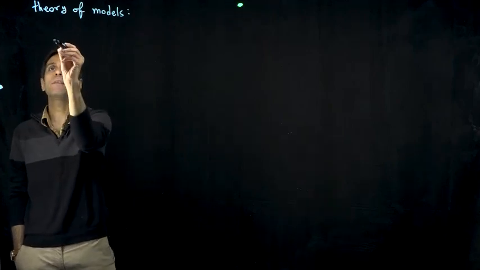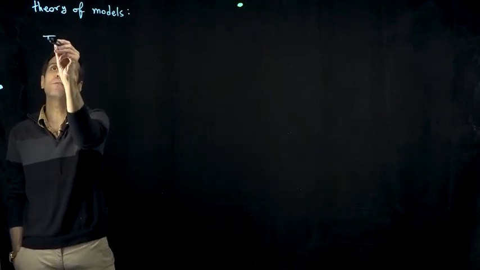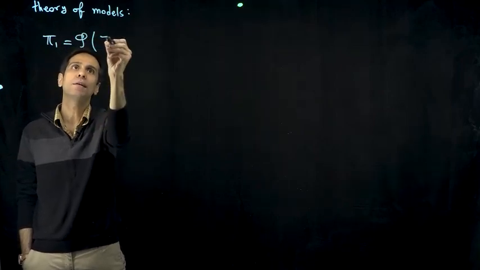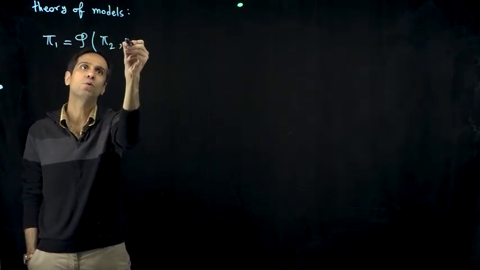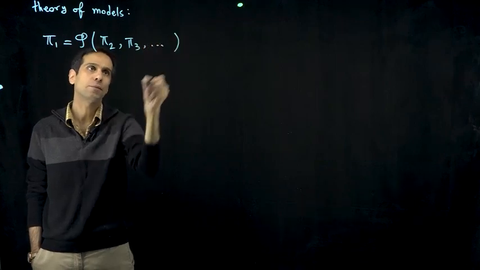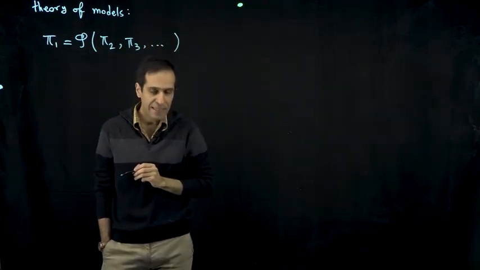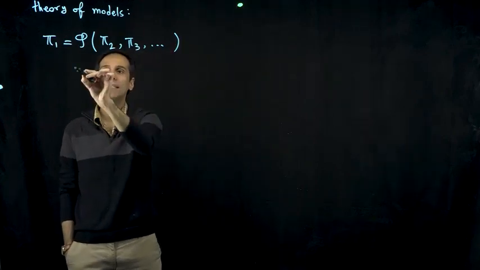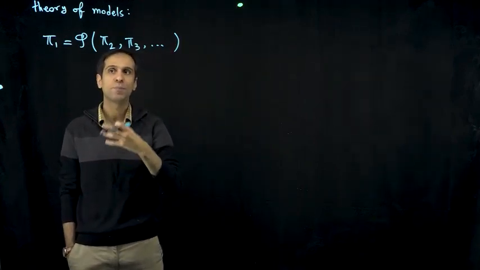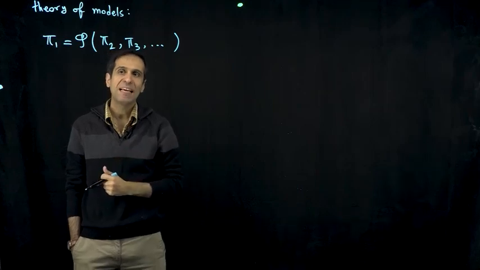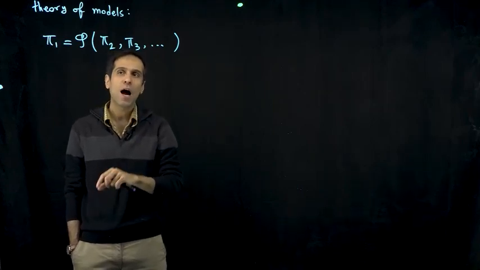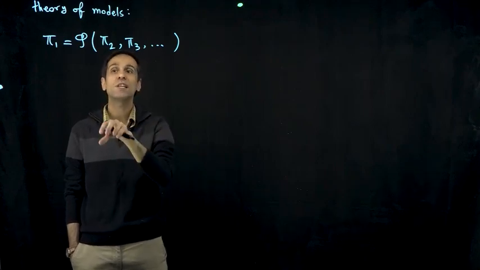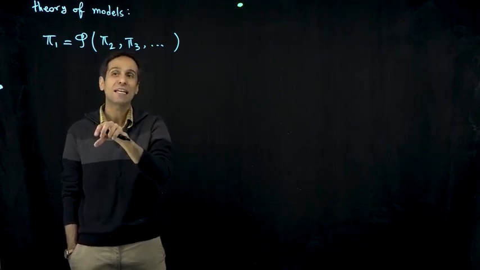And what we have is, at the very end, we can write pi 1 is a function of the other pi terms, pi 2, pi 3. This is for the real problem. Now, let's call this a prototype or the principal model. In contrast to the prototype, I can make a smaller model which is easier to deal with, easier to carry out any experiment on.